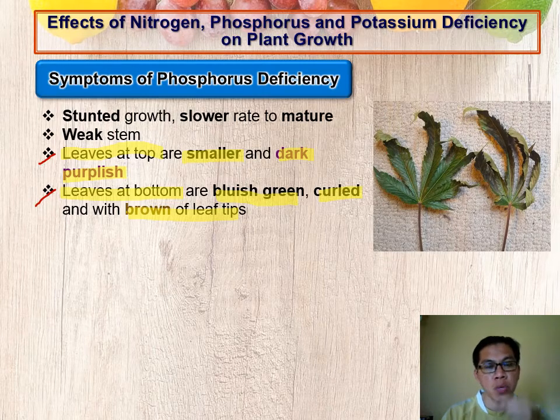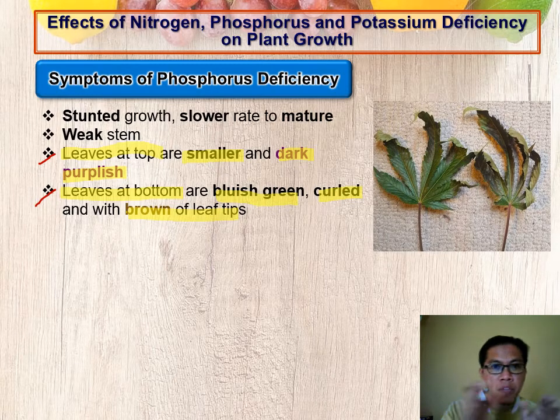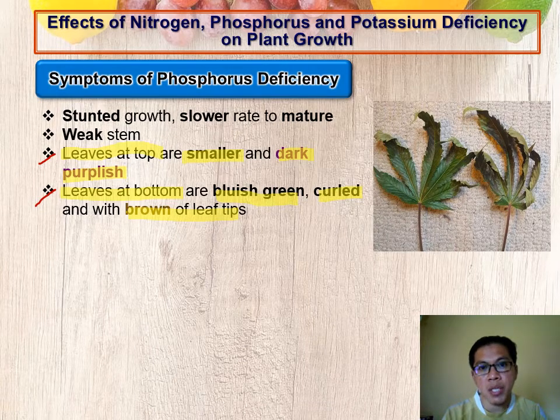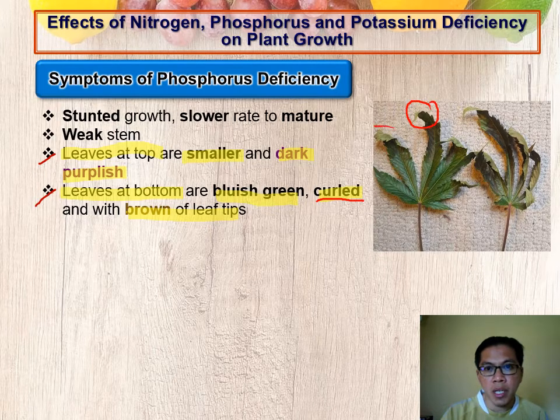Tetapi kalau phosphorus, daun di bahagian atas dia kecil dan warna purple. Untuk nitrogen, daun di bahagian bawah, dia akan ada warna kuning, yellow or pale green. Itu menunjukkan simptom-simptom chlorosis. Tetapi for phosphorus, daun di bahagian bawah, dia ada bluish green, warna hijau macam nak biru sedikit, curl. This is curl. Nampak dia curl, dia terlipat.